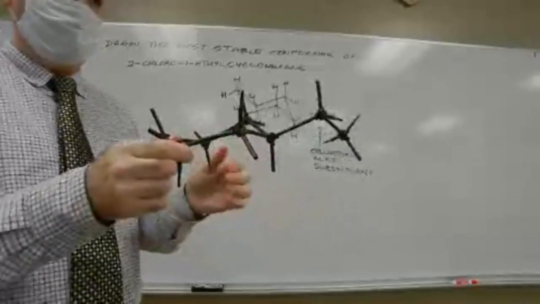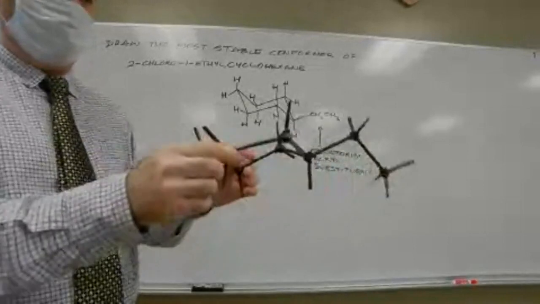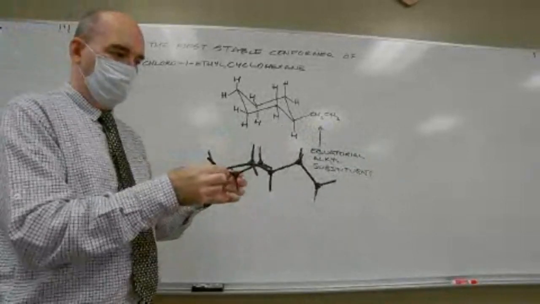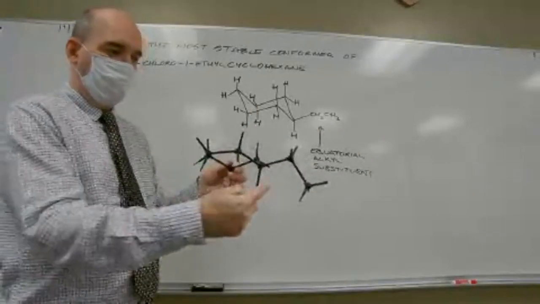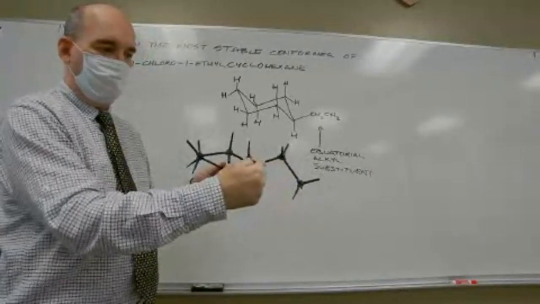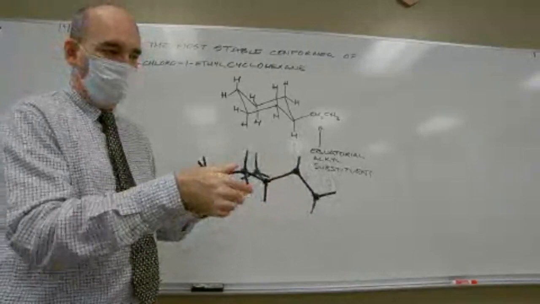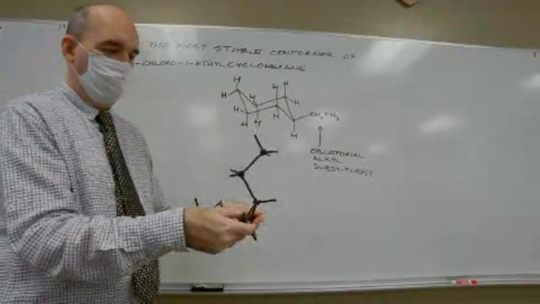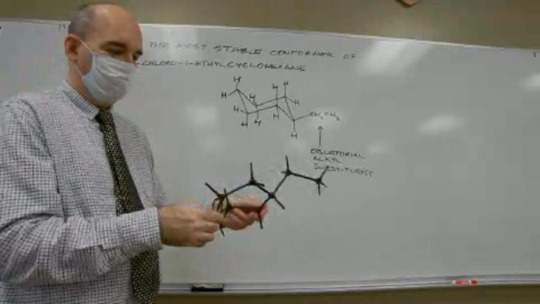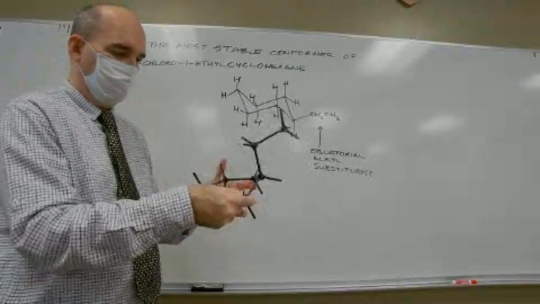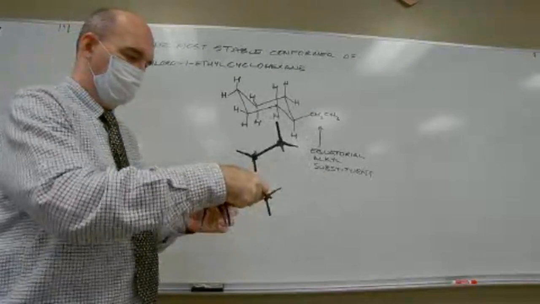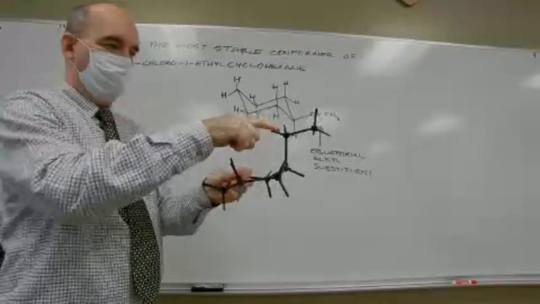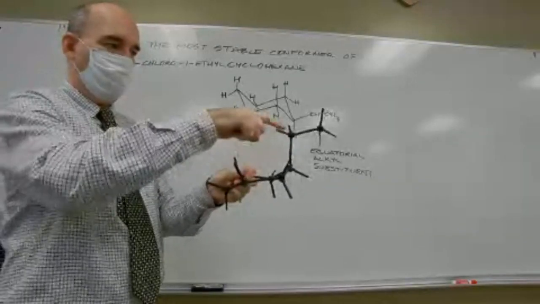So this is our preferred form of ethylcyclohexane with the ethyl group in the equatorial position. If I did the ring flip and moved this, that way, this is now close.